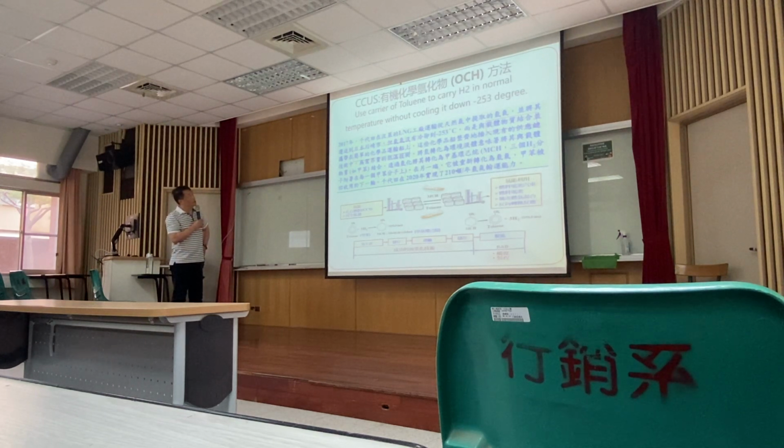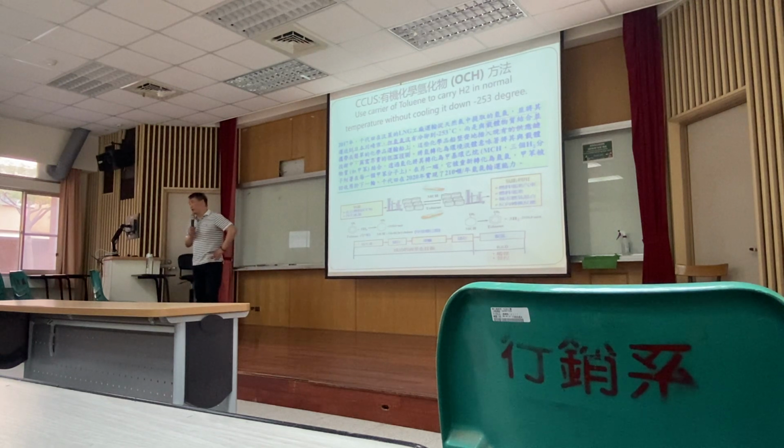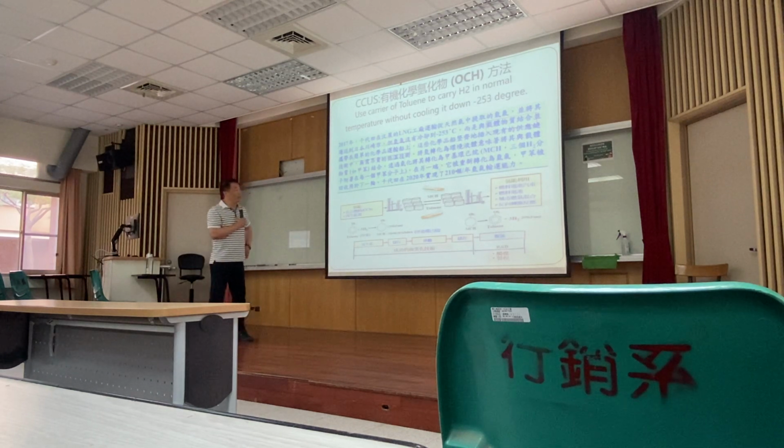So this is, when we do the CCUS, it's carbon capture, utilization, storage. And we are going to produce a lot of hydrogen. So hydrogen actually is a good source of energy that we can use, for cars or for any power, in the city or for the industry.